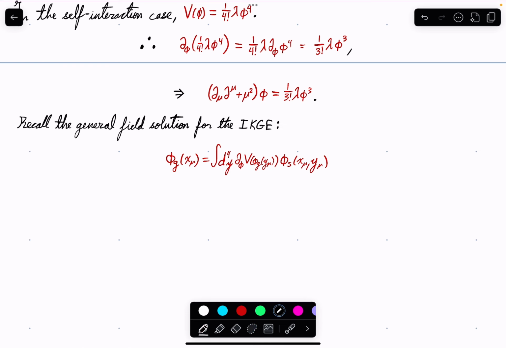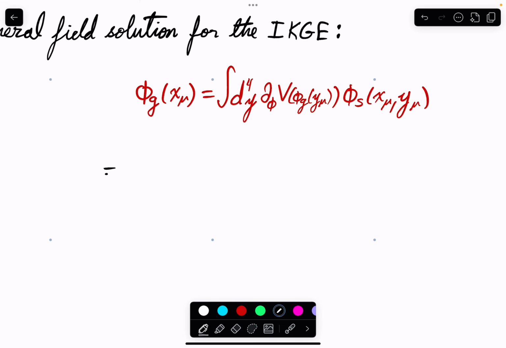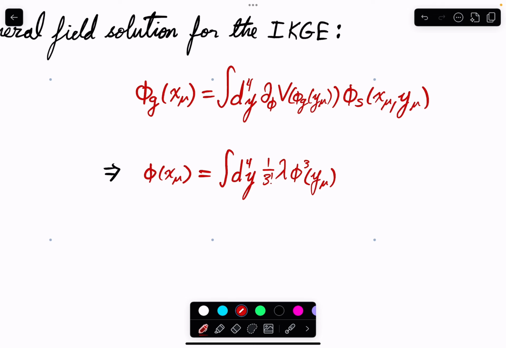And so the form of our equation specifically will be as follows. We're going to forego the g subscript. So we're just going to get phi of x mu is the integral over this space, and then 1 over 3 factorial lambda phi cubed, where phi is a function of y mu, and then we get the special solution.